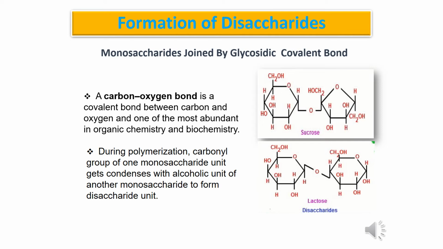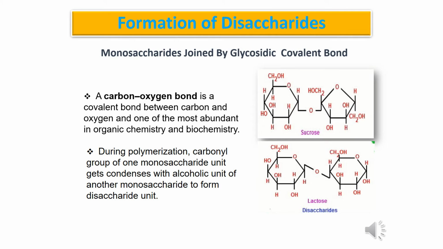On the left side you can see the structure of glucose, and the glucose is in alpha form. Here you can see that the OH is oriented below the plane. If the OH group attached to carbon 1 is above the plane, then it is known as beta form.